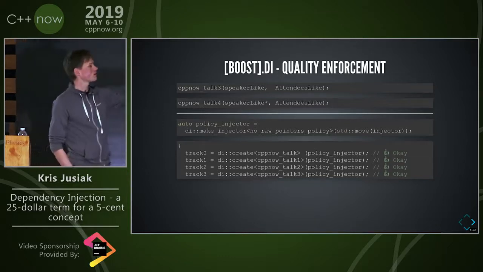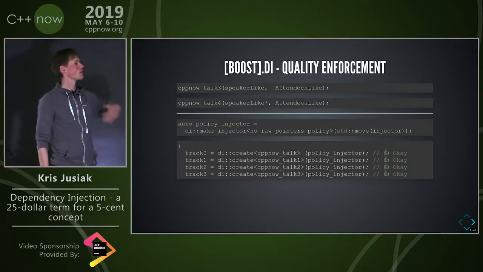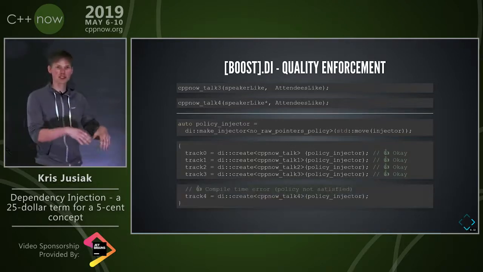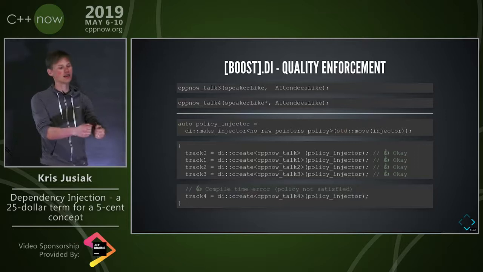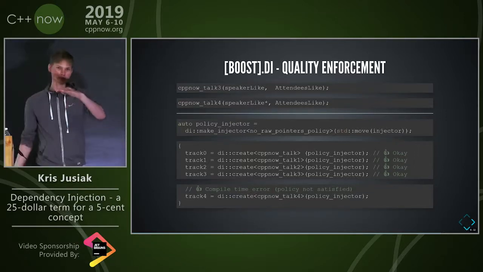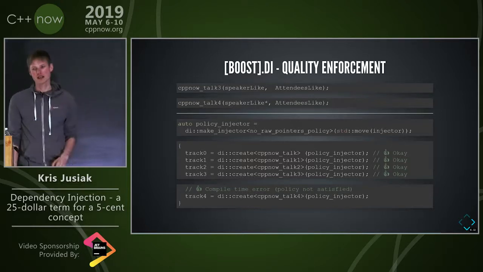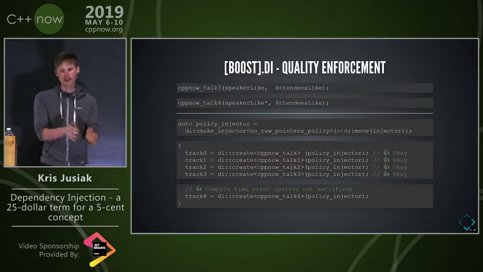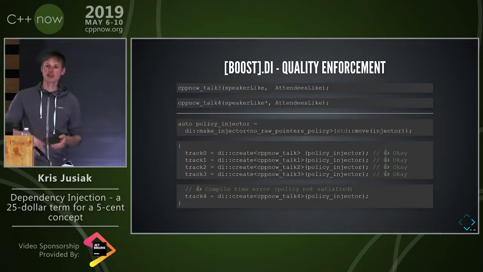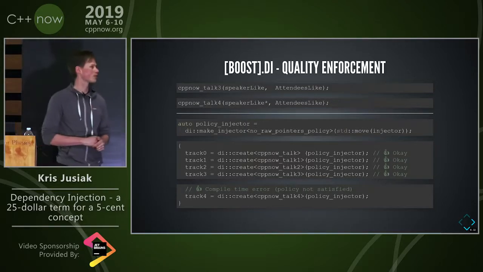So far, talk 1, 2, and 3 will easily pass through because they don't have any pointers, nor do all the dependencies they depend on. As I pointed out, DI creates the whole object graph, so it's going through the whole chain. If you have one object and this object depends on other objects, DI will just deduce that and go through the whole object graph.